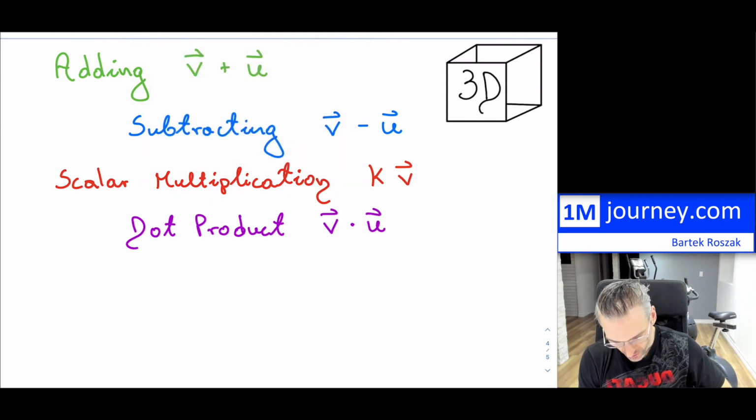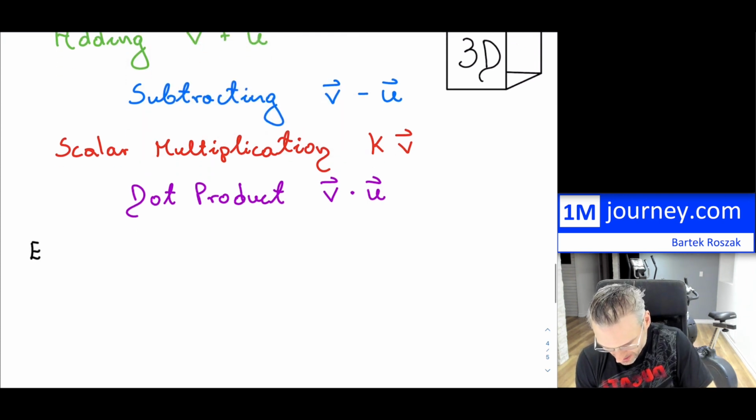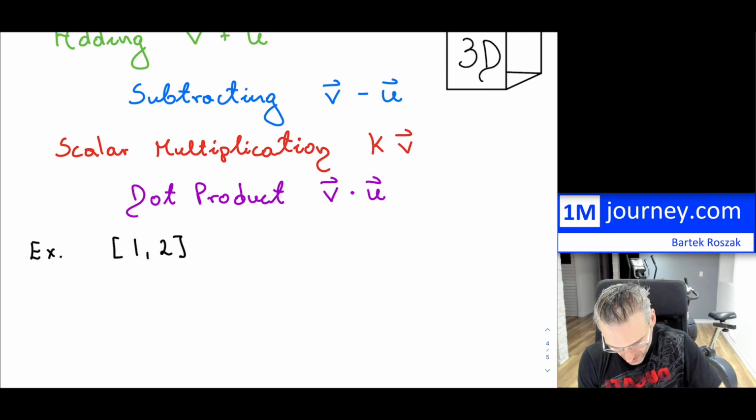So you may recall, if I give you an example here, for instance, if we had vectors in 2 dimensions, so you just had the x and the y components, 1 and 2, and let's say here's the other vector, maybe -3 and 4.